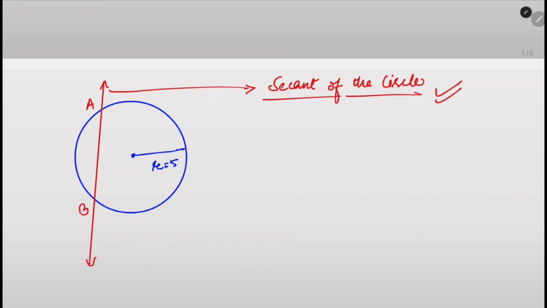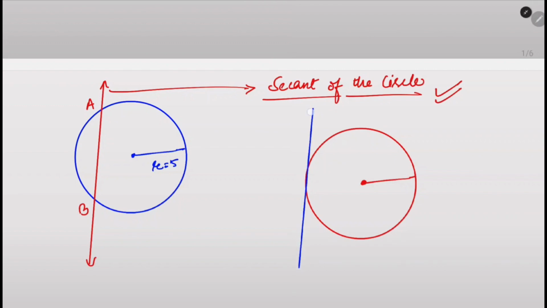Now if we draw another circle, suppose this is circle, this is the center of the circle, and if I draw a line segment touching only, this went wrong, only 1 point. Suppose this is MN and touching at O. So this is known as tangent to the circle.